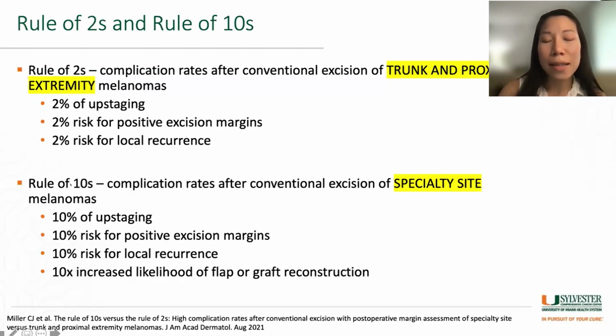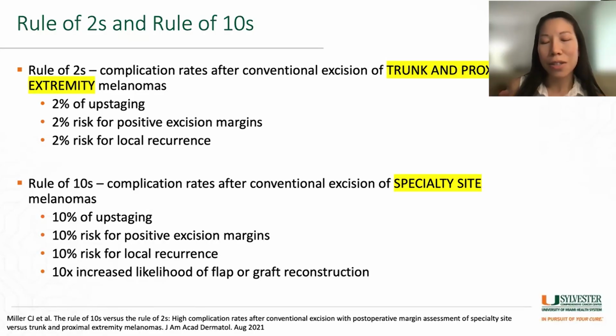However, the rule of tens applies to the complication rates after conventional excision of specialty site melanomas. And here you can see the drastic difference. There's a 10% risk of upstaging the tumor stage. There's a 10% risk of having a positive excision margin when we use those recommended excision margins, a 10% risk of local recurrence.